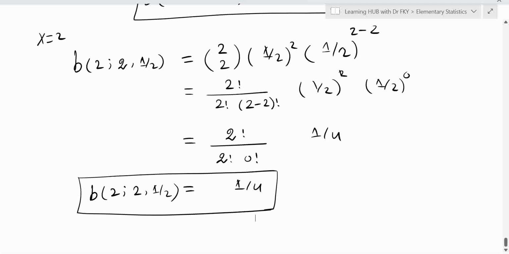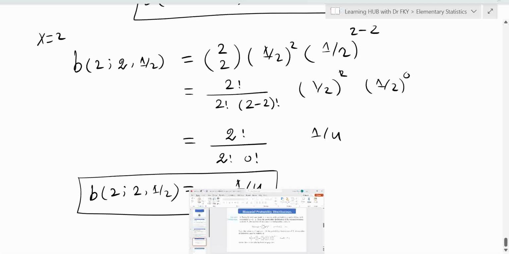So if you have a large number of trials, you can use this probability function, which is very useful in such problems, to calculate the probabilities instead of calculating all probabilities by using the probability rules. So this is the advantage of these statistical distributions.